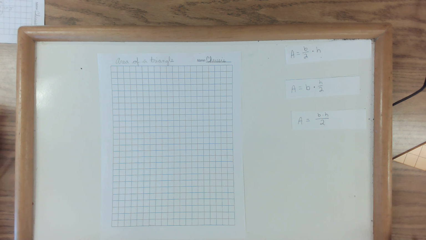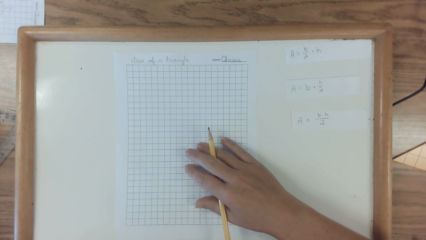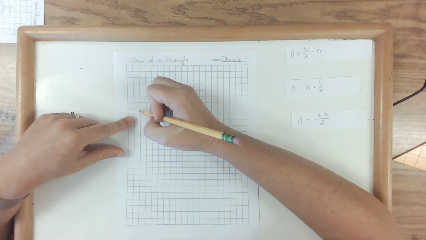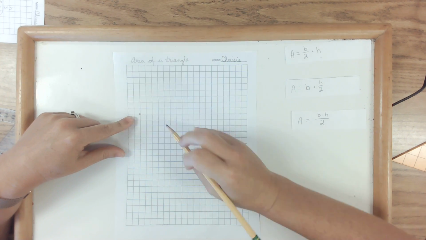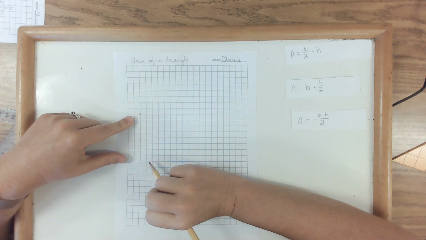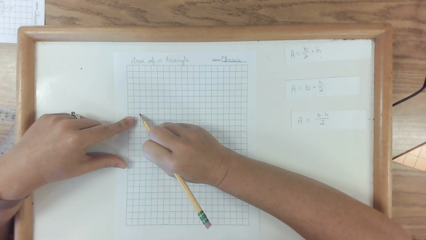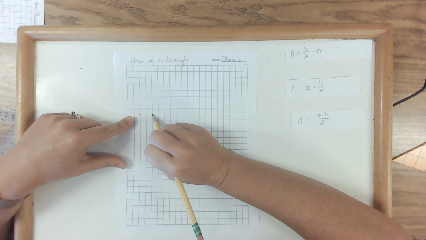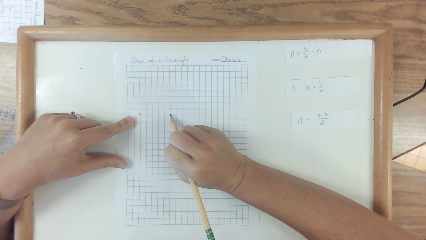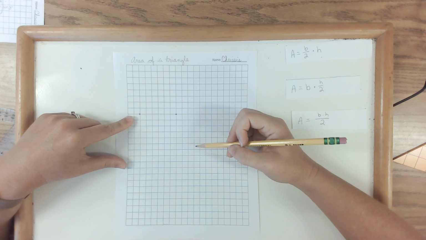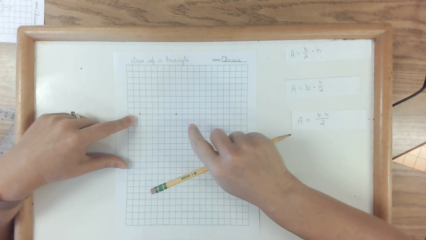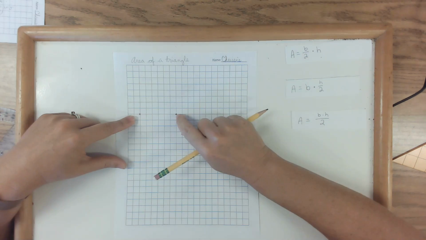So my first triangle, I think I will do a base of 6. So I am going to put my dot here, and then I'm going to count over 6 squares. 1, 2, 3, 4, 5, and 6. Now, to draw the height, I want to make sure that I go to the middle of my triangle.